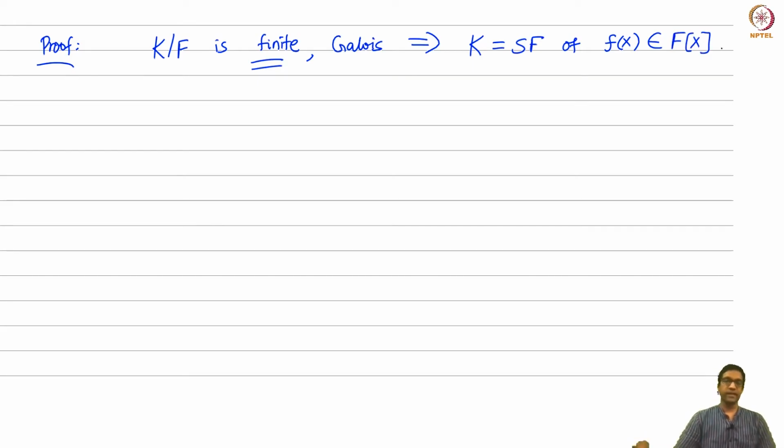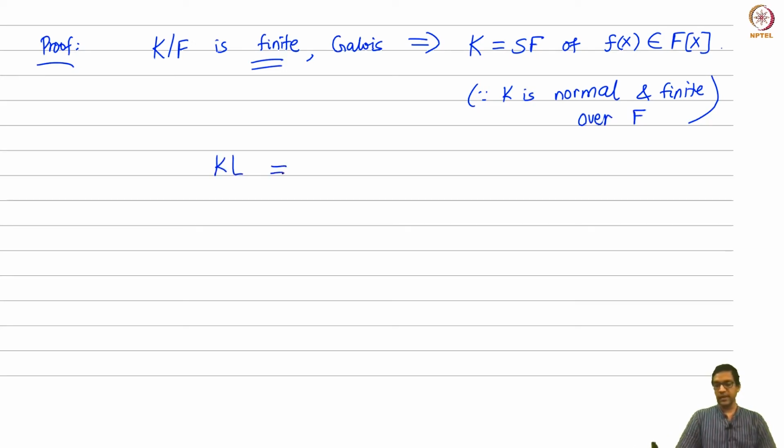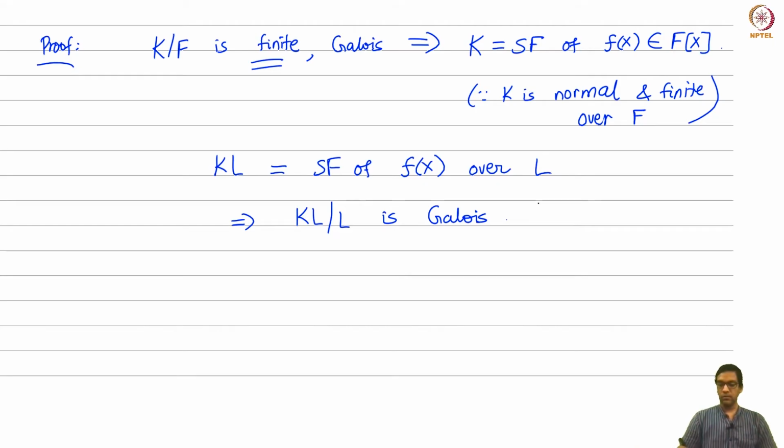This is just from normality and finiteness, since K is normal over F and finite over F. Now we just saw that KL is nothing but the splitting field of the same polynomial but over the field L. So if you think of f(x) as an element of L[x], then KL is the splitting field of f over L, which means by the same token KL over L is normal, and of course everything here is a subfield of C, so its characteristic is 0, therefore it is Galois. Okay, good.